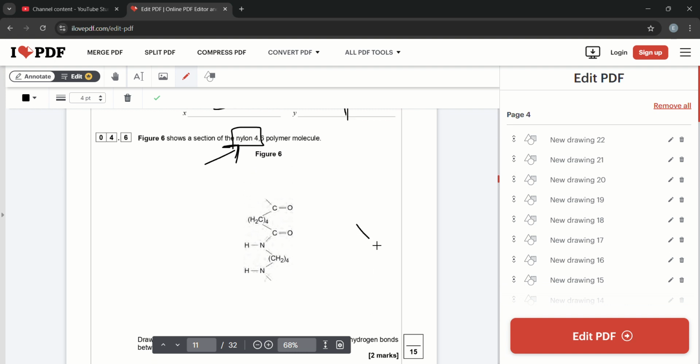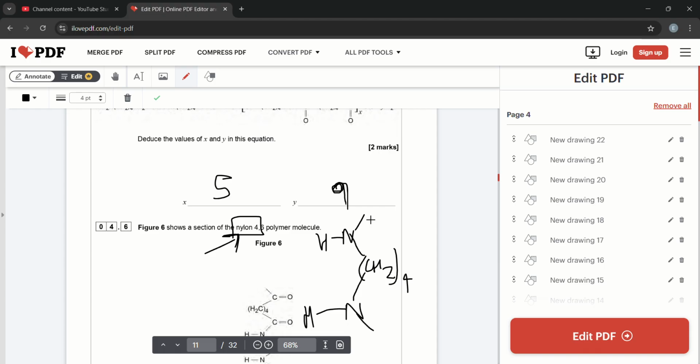And what we're just going to do now is draw it again. But we want the hydrogens and the oxygens to basically align with each other, which is going to be hard to do here because I'm drawing it so big, but on the paper it should be definitely slightly easier.